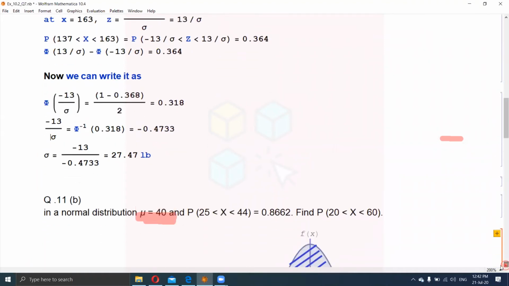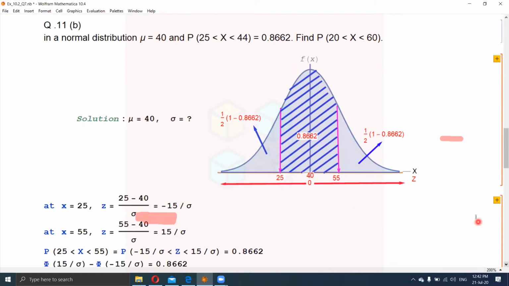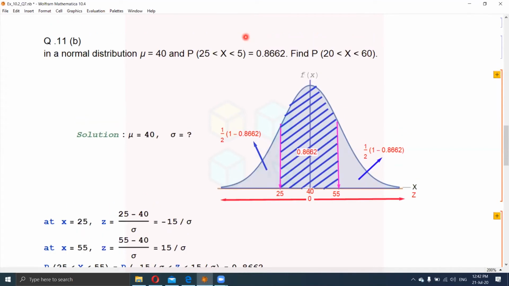Next question is 11th B. The statement of this question is in a normal distribution, mean is given as 40, probability 25 to 40, for it's not 45, it's 44, it's 55, is given as 0.8662, and we have to find the probability between 22 and 60.